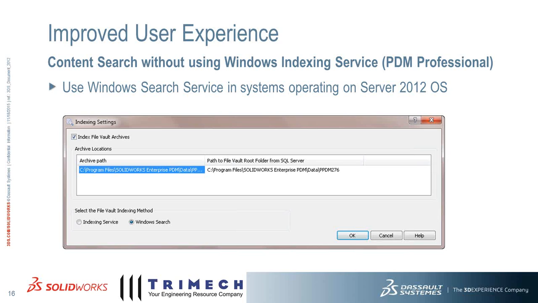Windows actually took out the indexing service for the server version of the OS. So now we have to utilize the Windows search service. So they took out the Windows indexing service for Server 2012, and they replaced it with this Windows search service for the operating system.